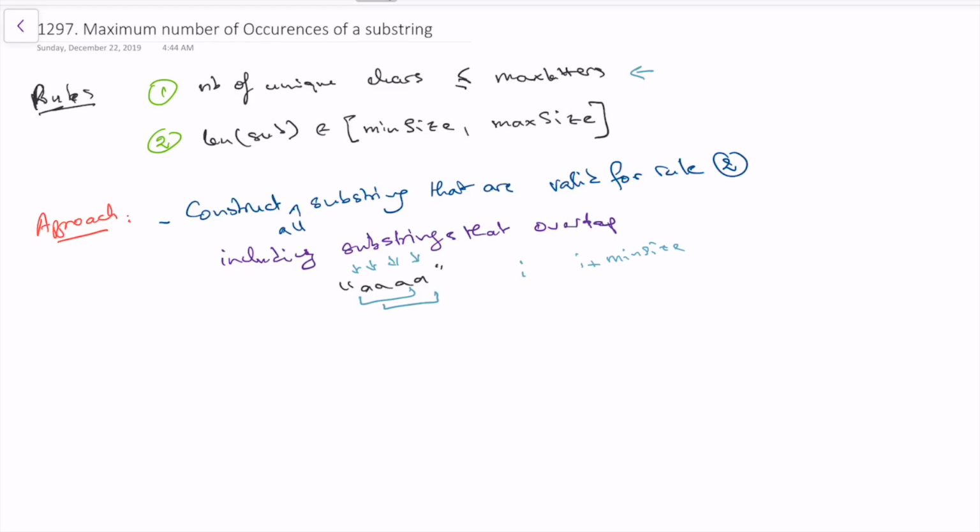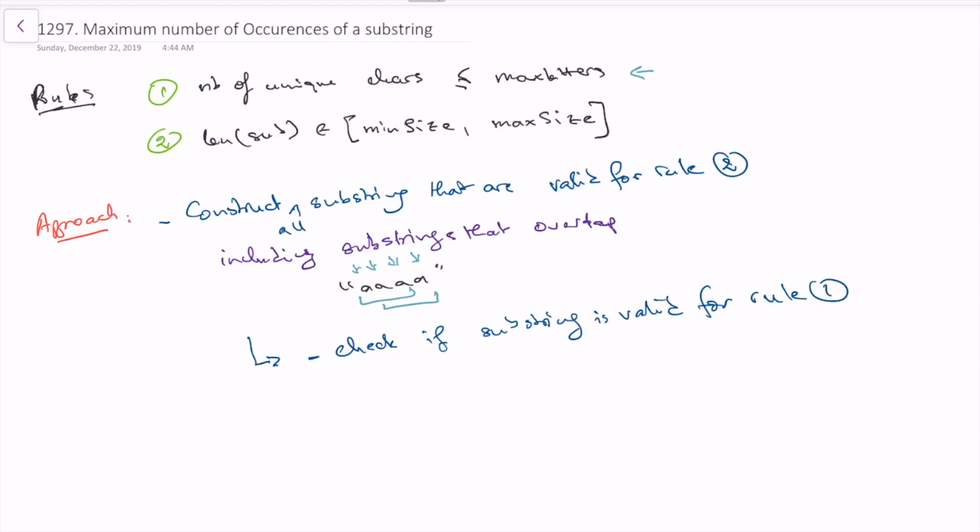And then once we do that, at every step we check if the substring that we just generated is valid for the first rule, because if it is, that means it's a candidate to be the maximum number of occurrences of a substring.